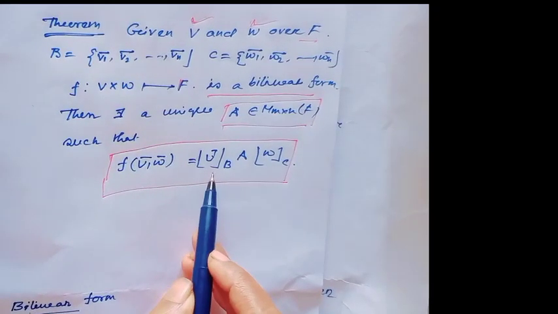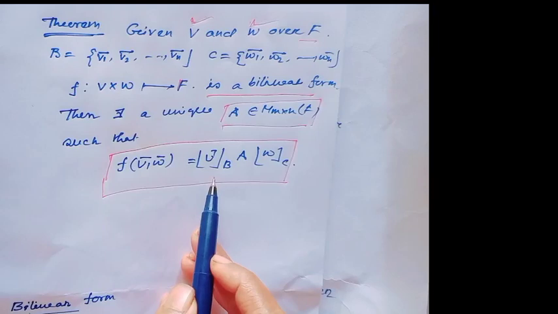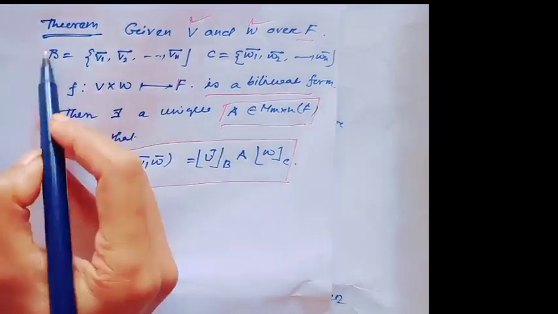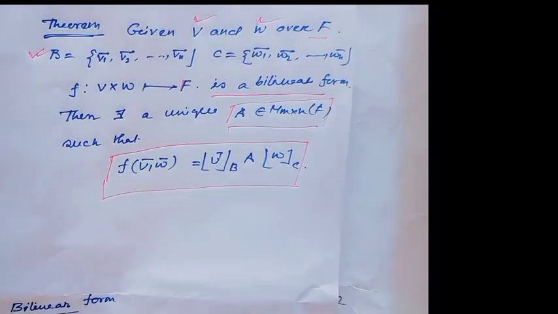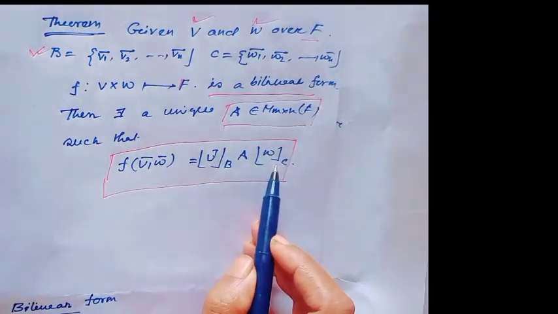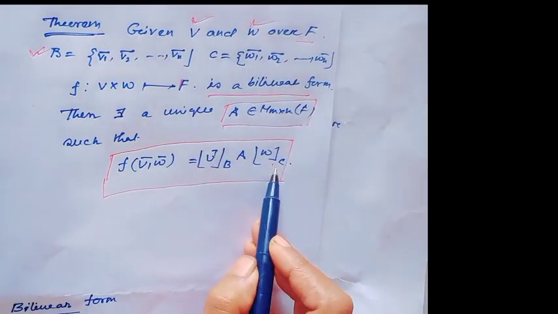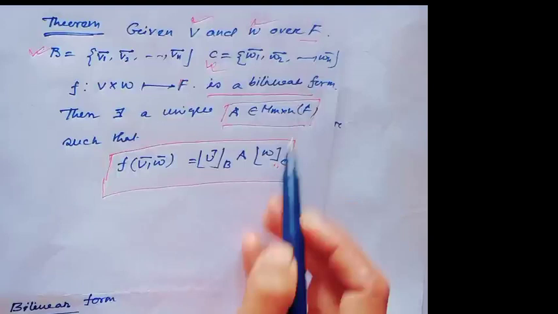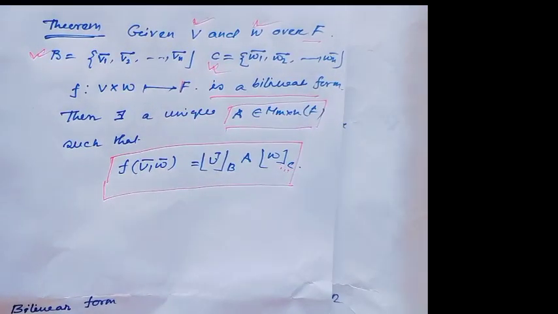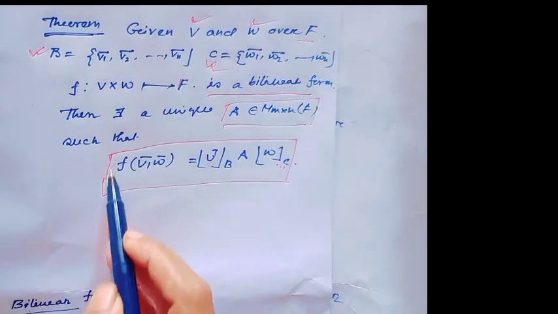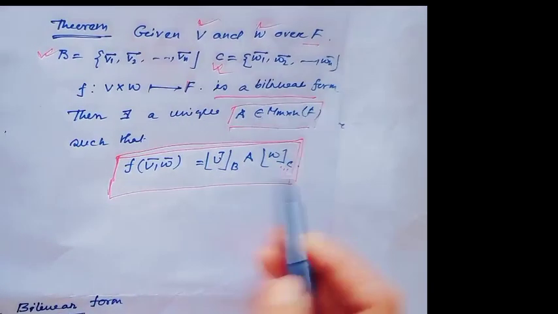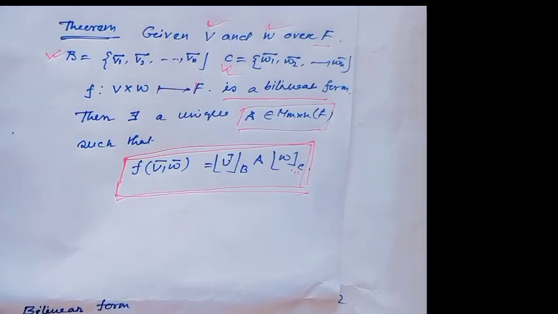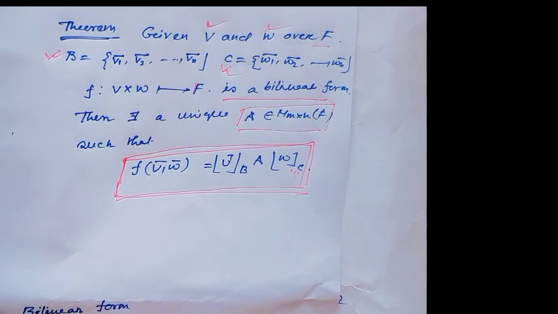Here V means the coordinate vector with respect to the basis B, and W means the coordinate vector with respect to the basis C. We can write f of VW in such a way. Have you understood this process? I hope all my viewers have understood clearly.